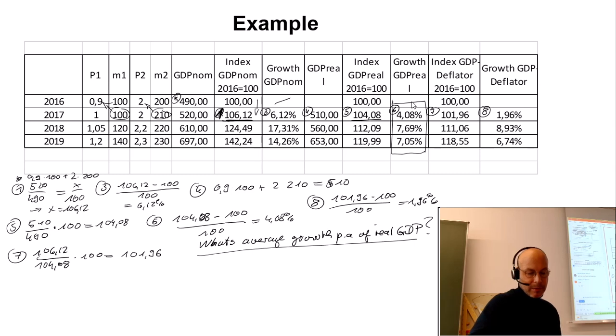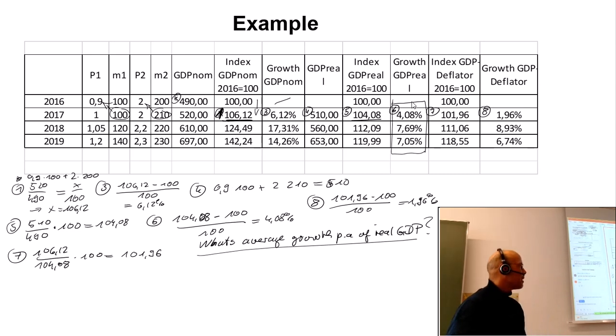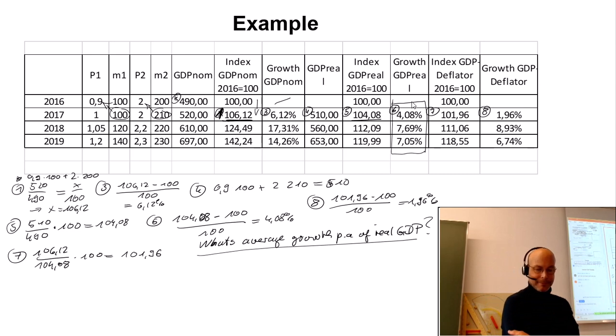What would be the average growth rate? This hopefully you have done in your math courses. Averaging growth rates, what you have to do. Idea? Or in the internet? How do you average growth rates? Summing up all growth rates dividing by 3?